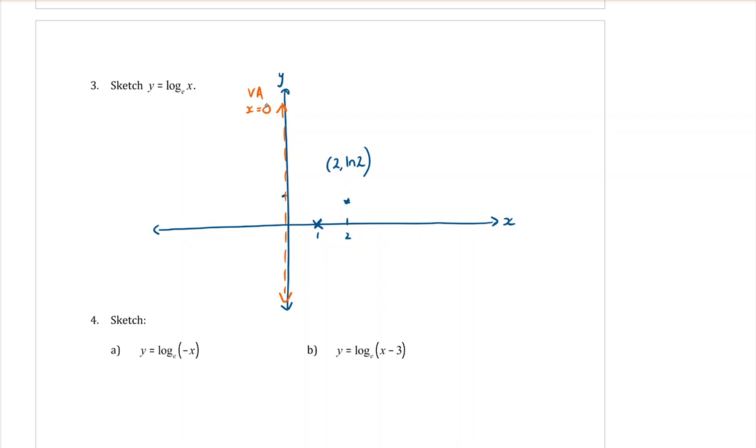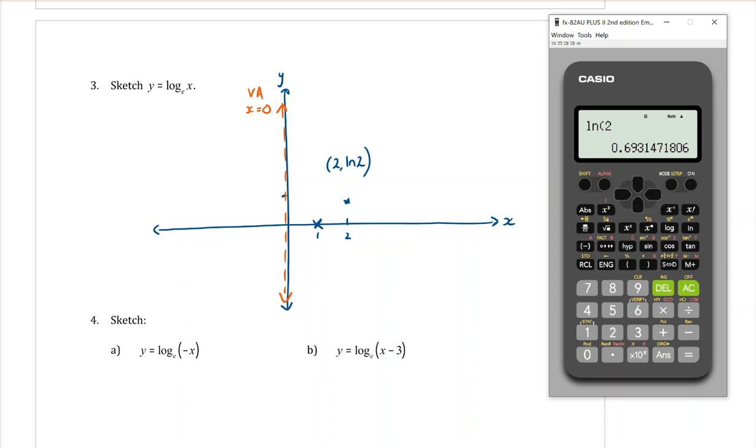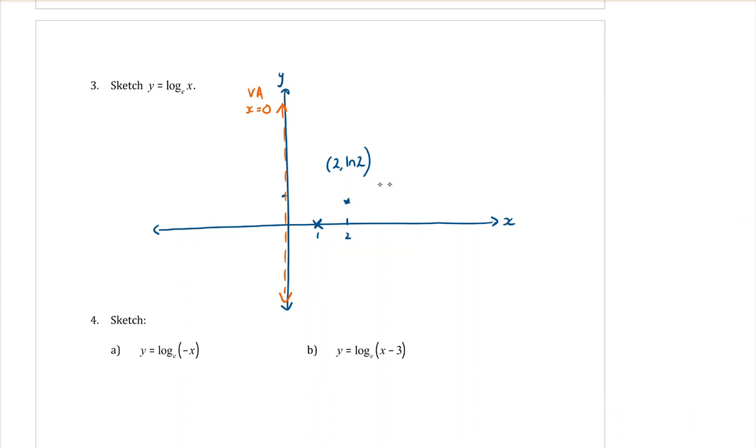And if you want to just make sure, you could sub in a number between 0 and 1, like, for example, 0.5. Log of 0.5 makes negative 0.6. So the curve is actually coming down like that. And the closer you get to that asymptote, the more negative it's going to get. It's going to get quite steep going down that direction. But it will never touch an asymptote. As we know, curves can never touch their asymptotes.